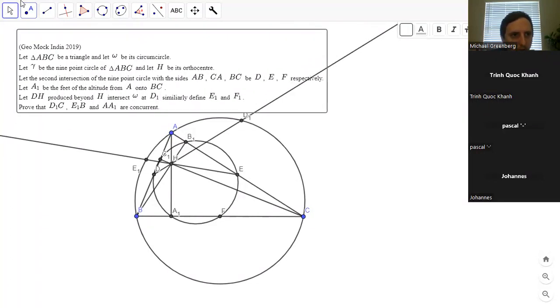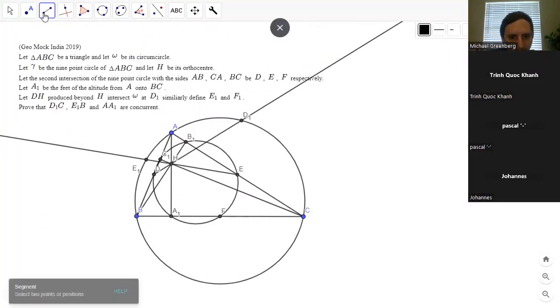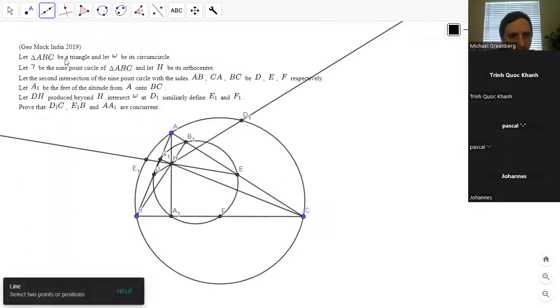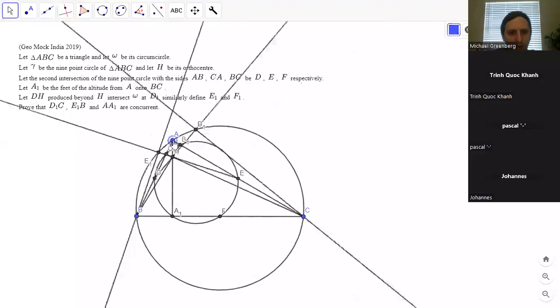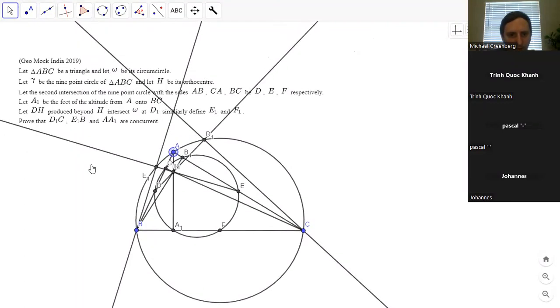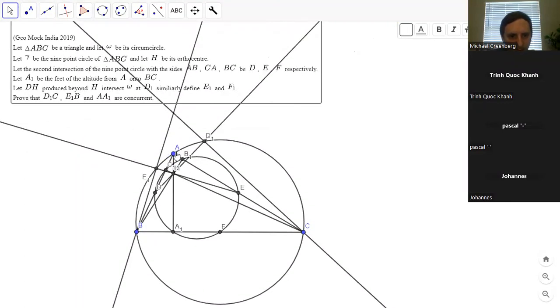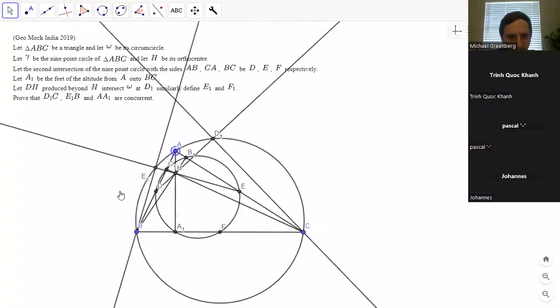So D1C and E1B meet on the altitude. This doesn't look like it should be that hard of a problem. So let's see.